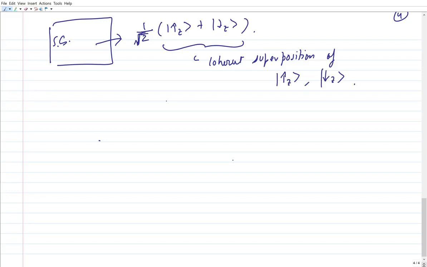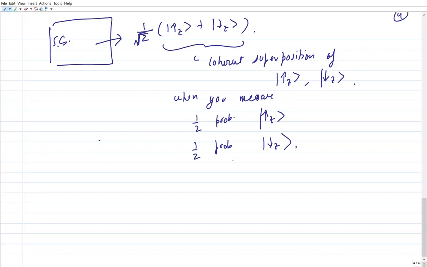So now when you measure the z operator, with half the probability you are going to get this eigenstate, and with half probability you're going to get the minus z eigenstate.